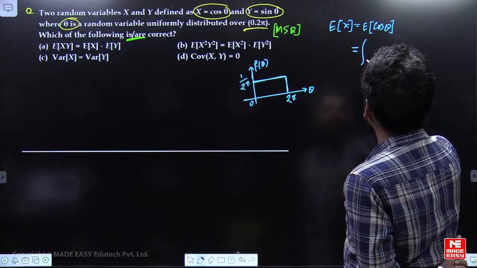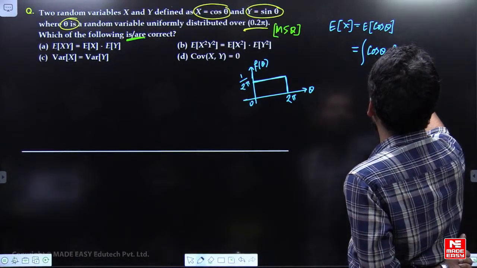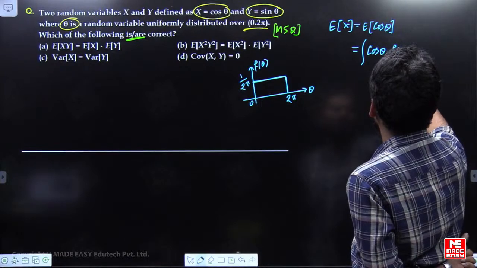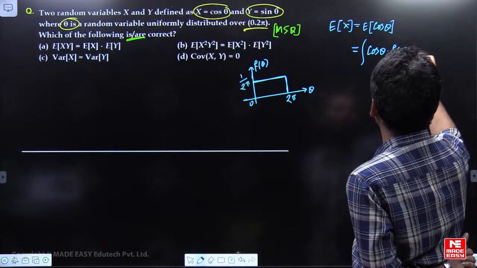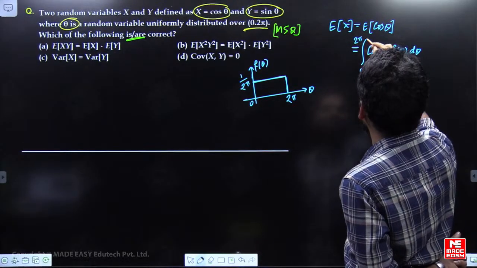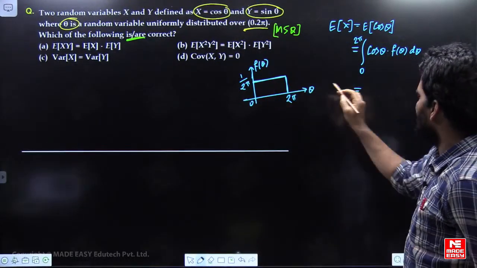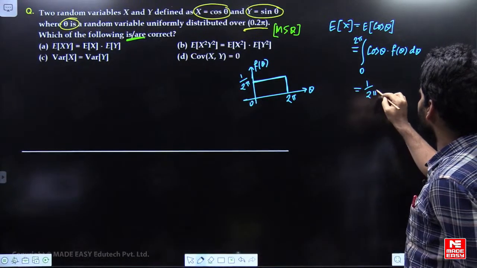Integration, for which quantity we are finding expectation, same quantity multiplied with the density function. The random variable here is theta, so f of theta d theta. The range of values possible for theta is 0 to 2 pi. F of theta is 1 upon 2 pi, you can write outside.